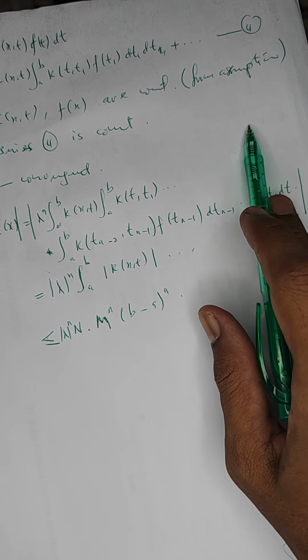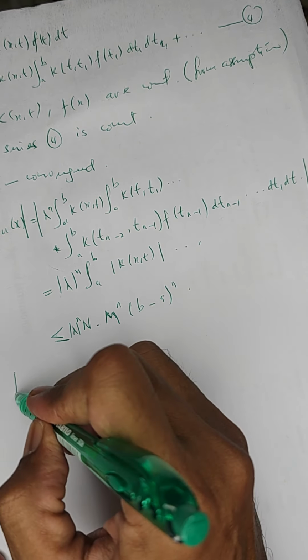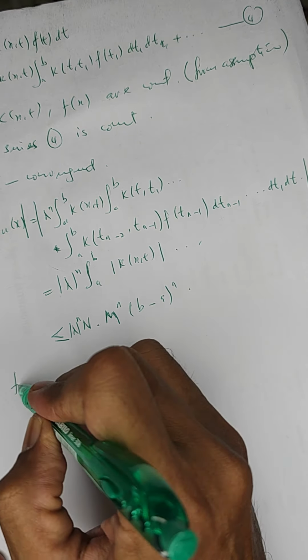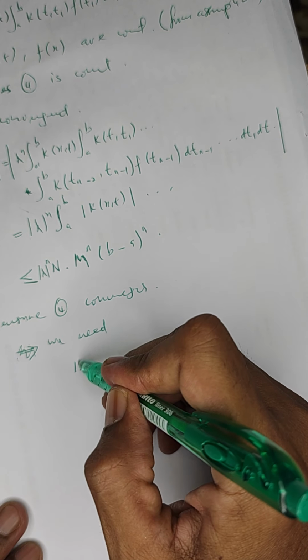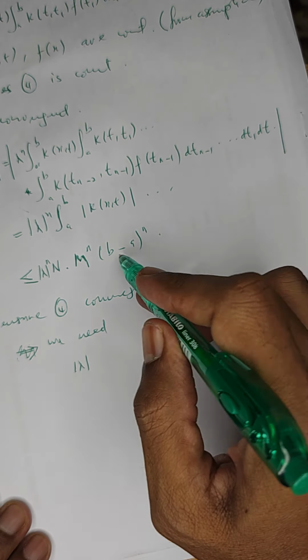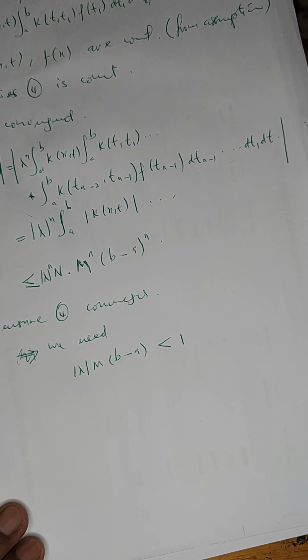In order to show that this series converges, we need lambda M (b minus a) to be less than 1.